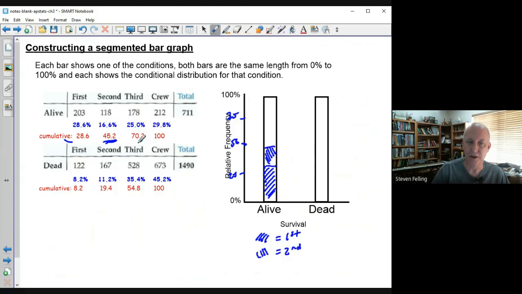And then if there's 25% in the third class, if I add that to the 45% that was there, that's a total of 70%. So now this goes up to about 70%, maybe about there. Maybe we'll go with horizontal shading for the third class. And then for the crew, that would be the rest. So I'll use a different shading like vertical for the crew.